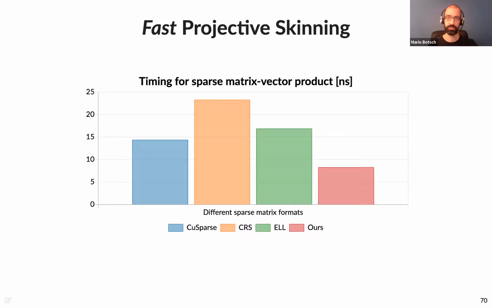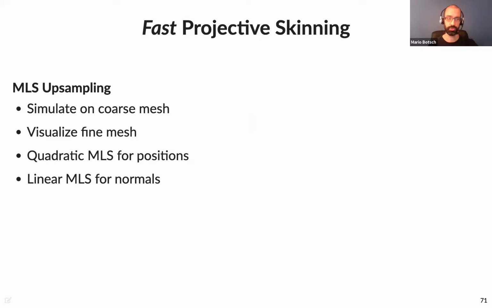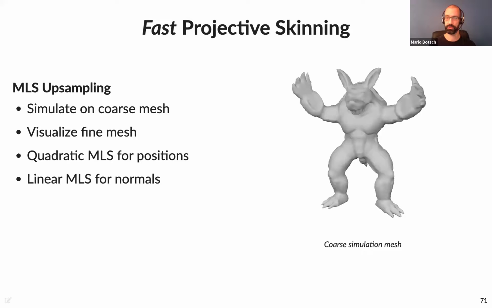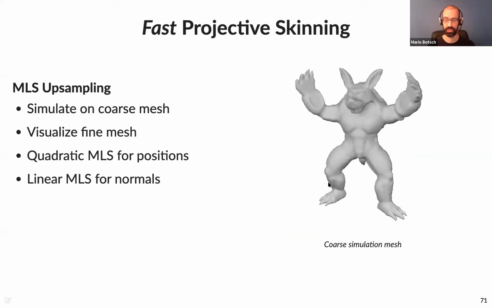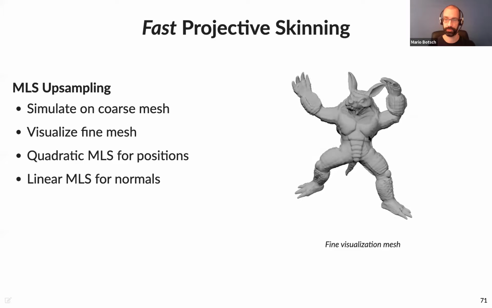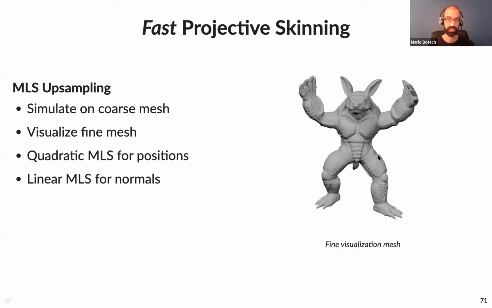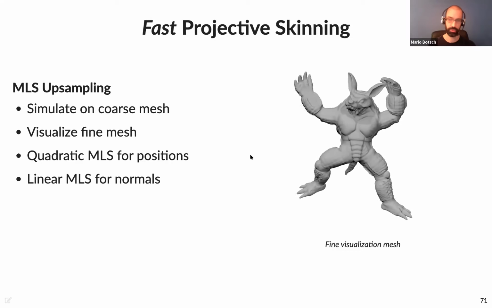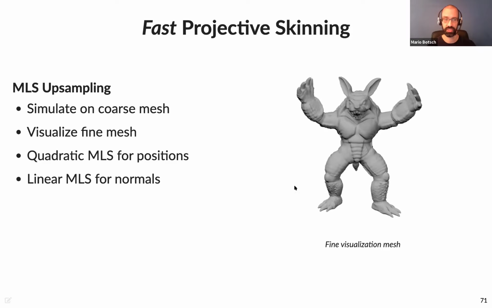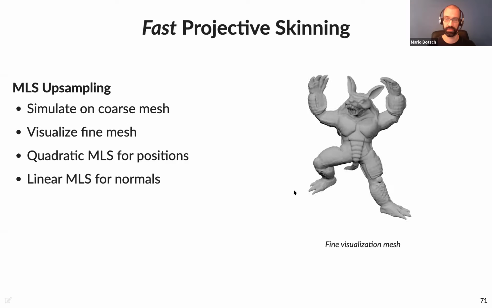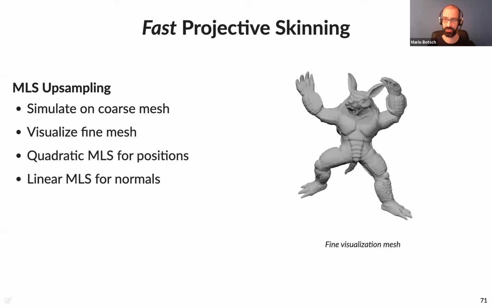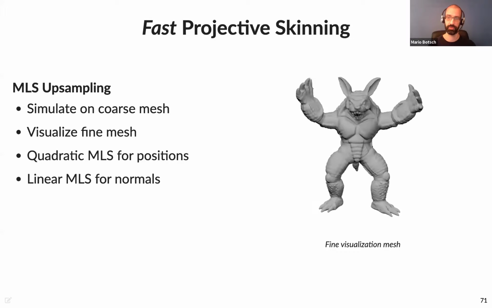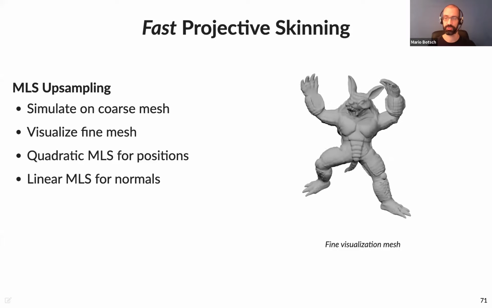Second idea to make this faster: you don't simulate on the full resolution mesh, you simulate on a coarser simulation mesh, and then you upsample to a high resolution visualization mesh. I don't have time to go into detail here, but what we use is moving least squares approximation, which is something that at least I learned from point-based graphics, but it's also used for meshless simulation in physics.